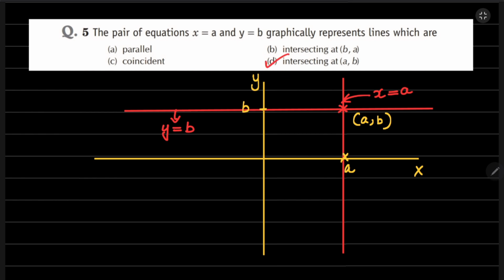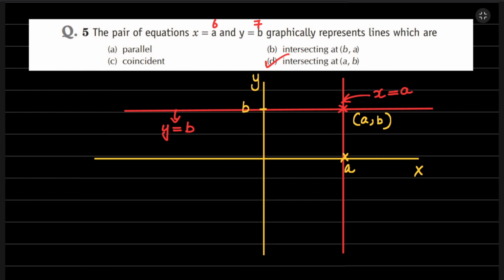Whenever you have two equations, x equal to a and y equal to b, for example, if a is 6 and b is 7, you can directly tell where these two lines will intersect.